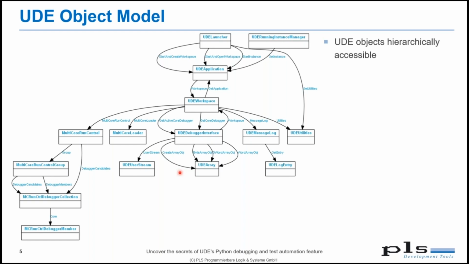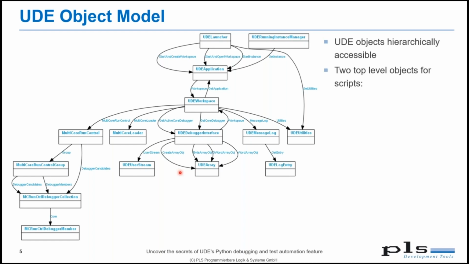To get a specific object in that hierarchy which provides the debugger functionality you want to use, you must query all objects from the top object in the path to the requested object step by step. I show you later how it works.